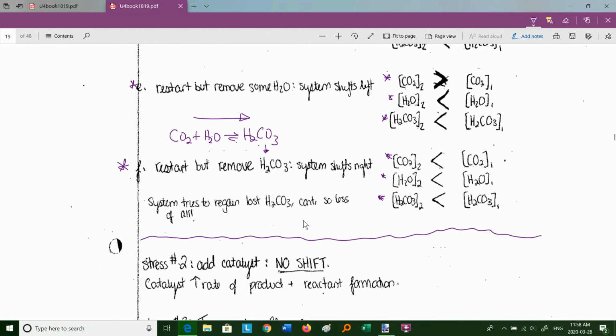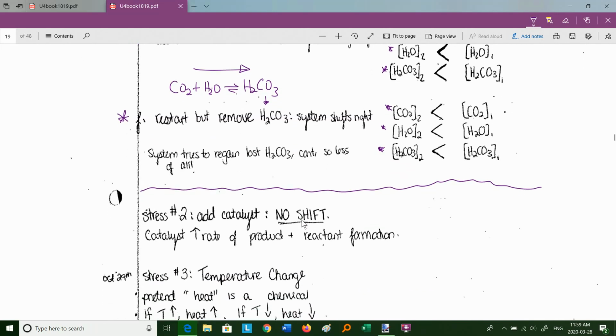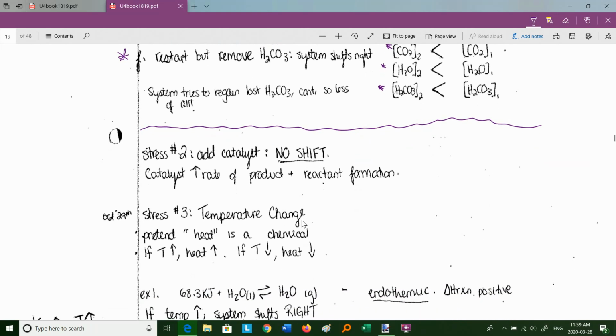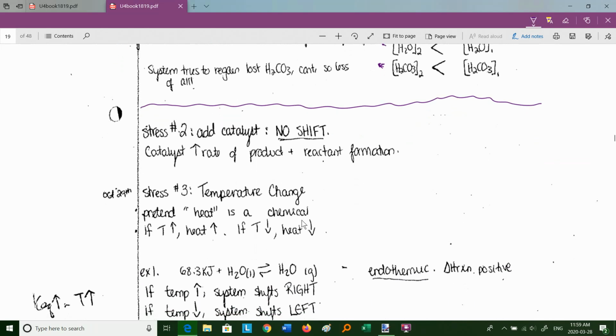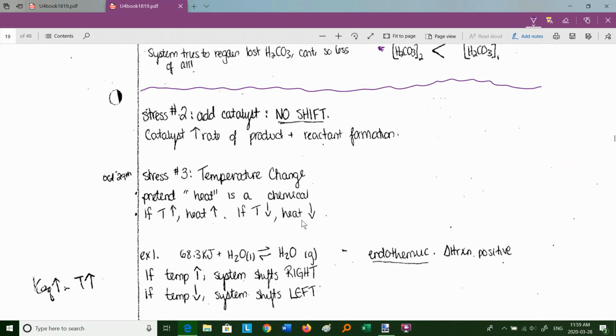But it doesn't mean you got more products than reactants relative to before you put the catalyst in. So you wouldn't really add a catalyst to try to change the relative percentages of reactants and products. Rather, they change the rate. So adding a catalyst will not shift the position of equilibrium.